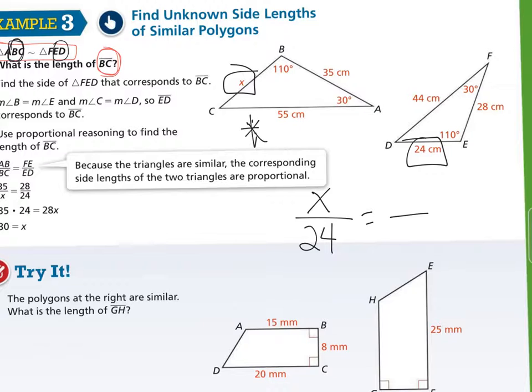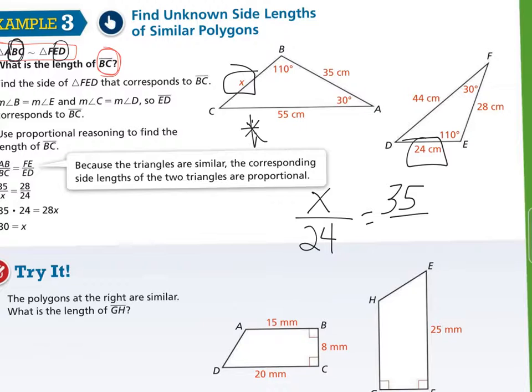Since X matches up with 24, and X was from this first triangle, on my second fraction I have to start with something from that triangle as well. Since they've given me all the numbers here, I'm going to start with the lower number, that 35. If you chose 55, that would also work.